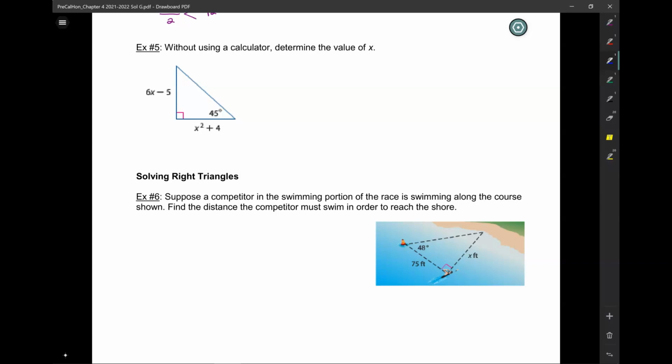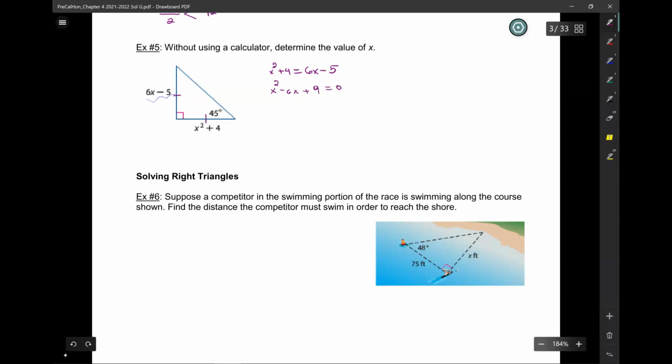All right. With that, so this is a 45, 45, 90, right? So what do you think? The sides are just equal to each other, right? Because the legs have to be congruent. So x squared plus 4 is 6x minus 5. And then it's a quadratic equation, so move everything to the same side.